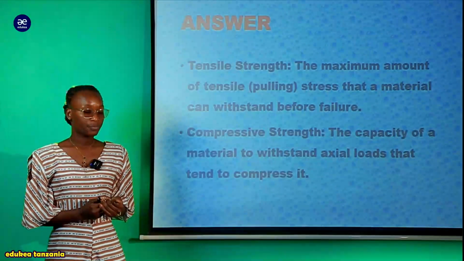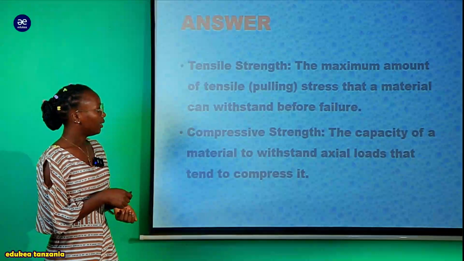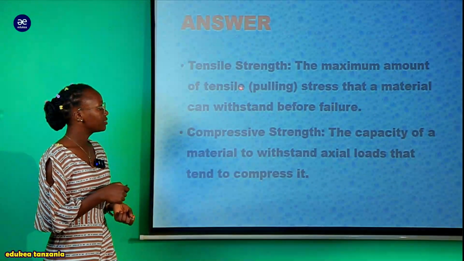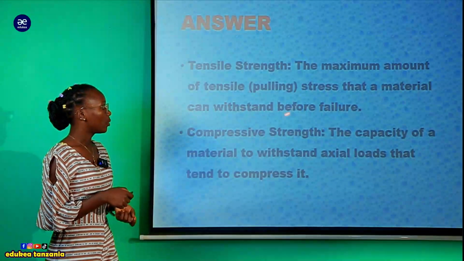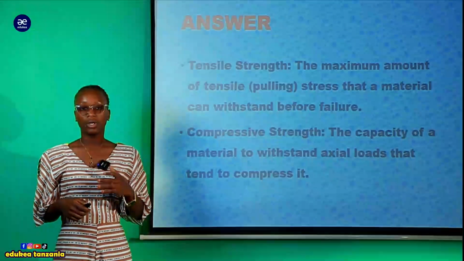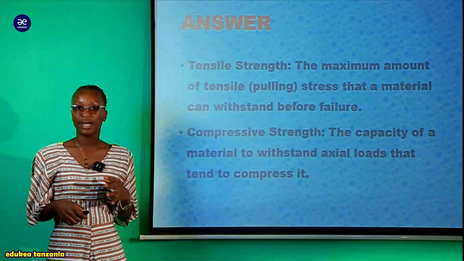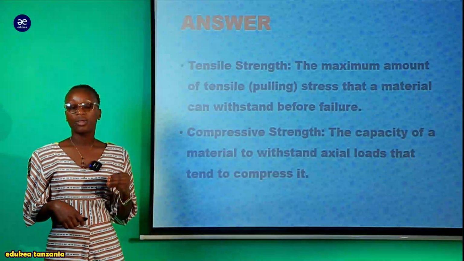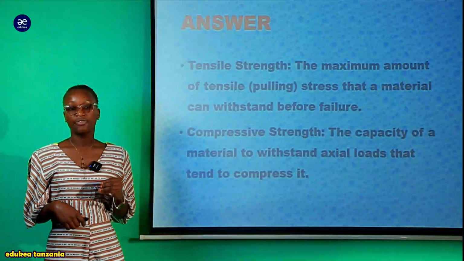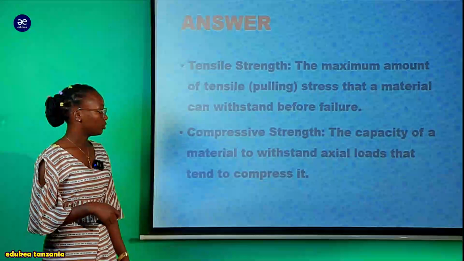So this ability, the maximum amount of tensile stress that a material withstands before failure, is what we call the tensile strength. Kwa hiyo hii ni one of the category properties ambayo inaingia kwenye physical properties or physical strength of this metal.